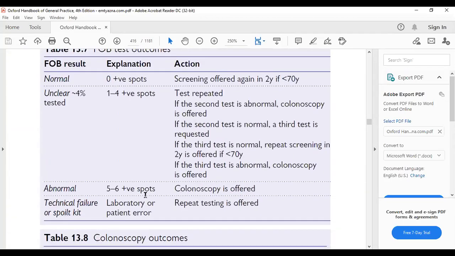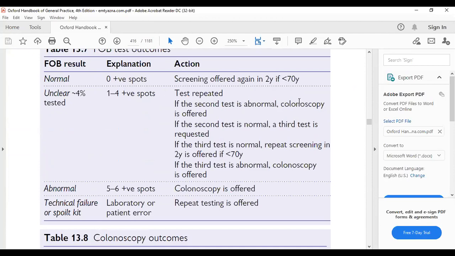Now we'll see the result of the FOBs, fecal occult blood. If the FOB result is normal, that means it has 0 positive spots, then you follow this up every 2 years. If it is unclear, meaning 1 to 4 positive spots, you repeat the test. If the second test is abnormal, you step up treatment and go for colonoscopy.